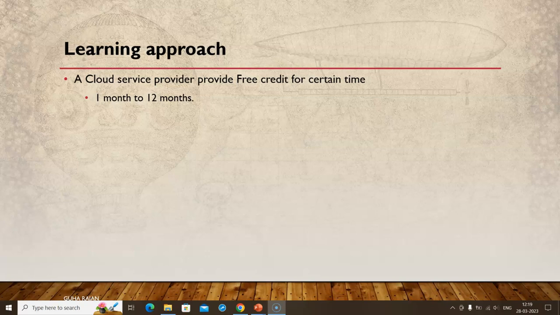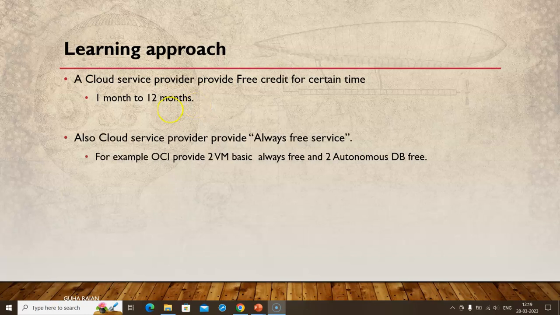It varies depending upon the cloud provider, could be 1 month or 12 months. And number 2 is there are cloud providers who provide an always free tier. For example, Oracle provides 2 virtual machines, basic machines, always free, and 2 autonomous DBs always free.